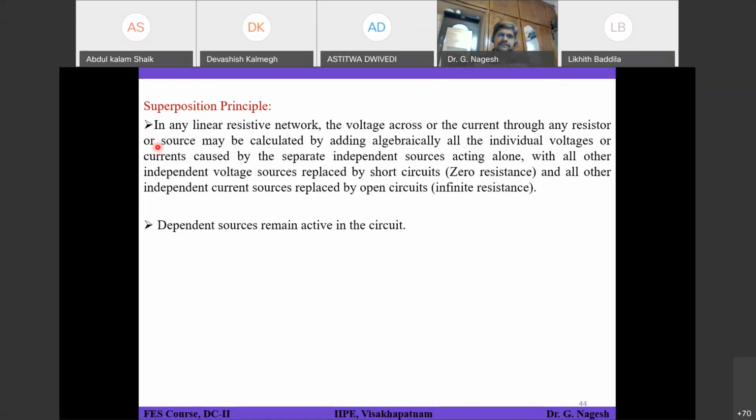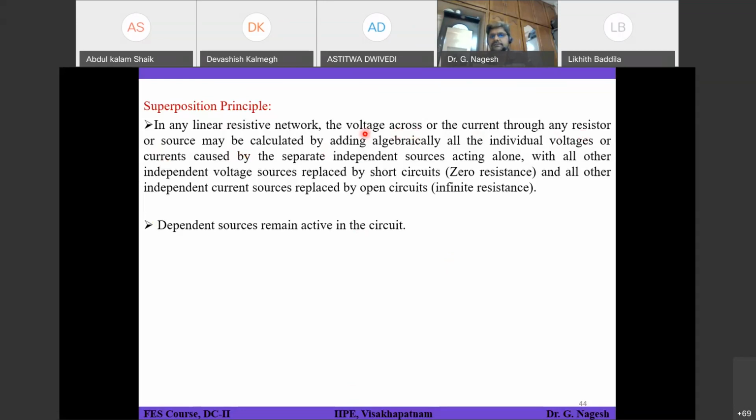in any linear resistive network. That is why I discussed linear circuits. A linear resistive network consists of linear independent sources or linear dependent sources and resistors. In any linear network, the voltage across or current through any resistor or source is what we will calculate.